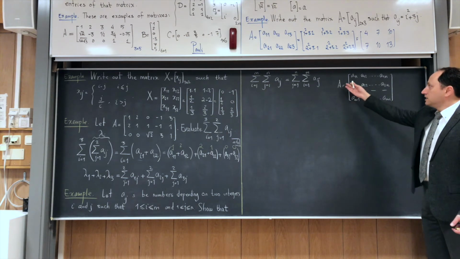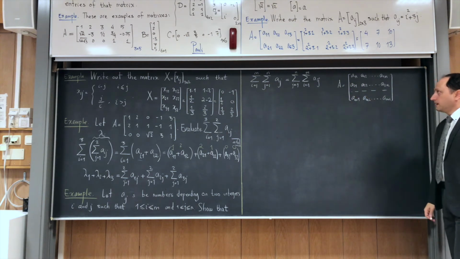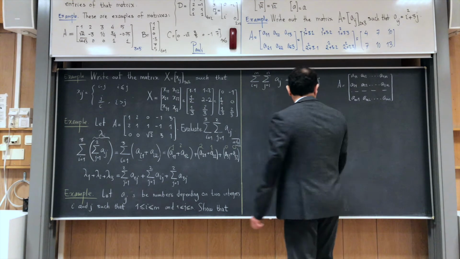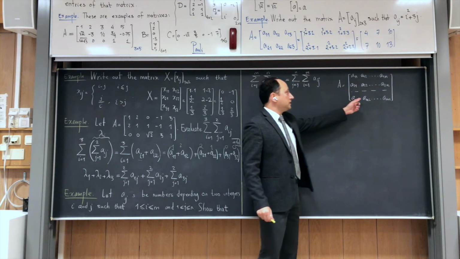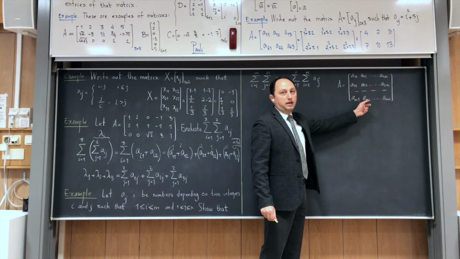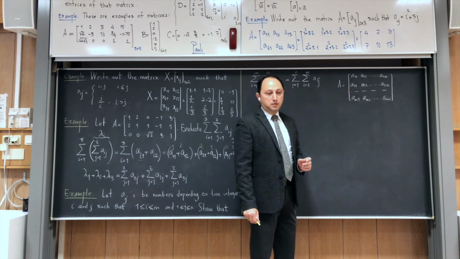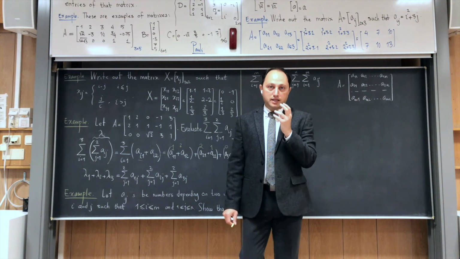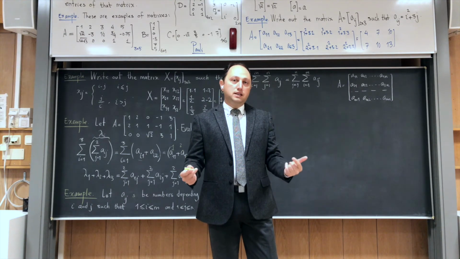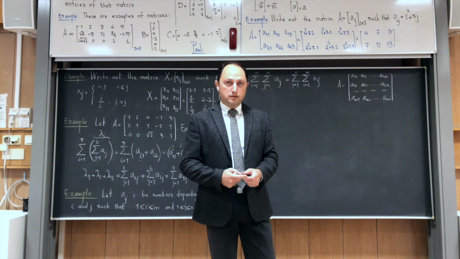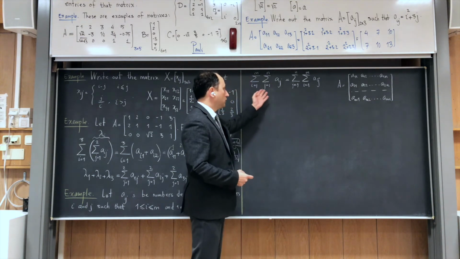It's a matrix. Let me call it matrix A. Then I will calculate the sum of numbers in this array in two different ways. Because I am calculating the same quantity in two different ways, these two should match. Yes, and that is the way that I want to prove.